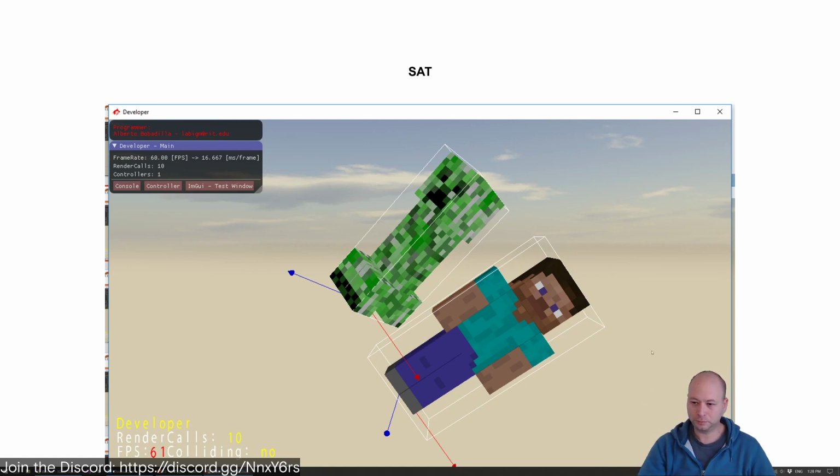And so the separation axis theorem ultimately lets us determine if there is a collision by checking all these different planes and seeing, is there a collision between this plane or that plane or the other plane, and so on. And the way we do that is quite interesting.